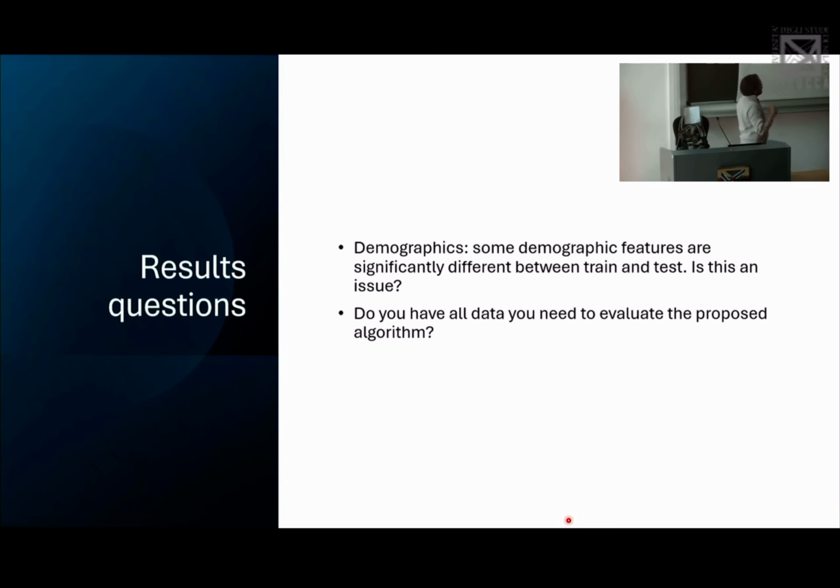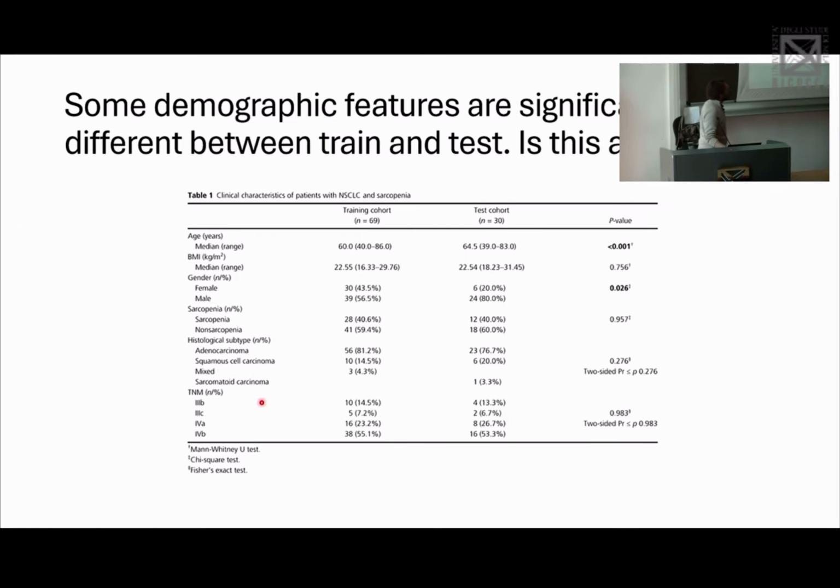Now, here I had two questions about the results section. The first one is that here they performed something that physicians very often do. They take a sample of subjects, they split it randomly in two in this case, and then they run descriptive statistics of the two data sets.